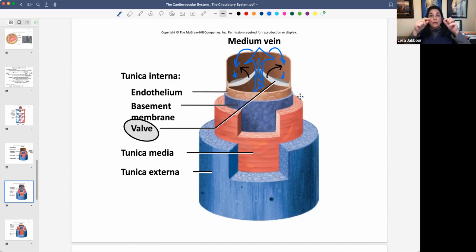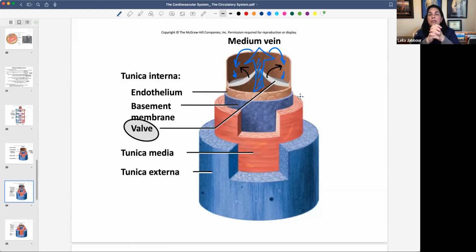So when your thoracic pressure drops, that means the abdominal pressure goes up. And when the abdominal pressure goes up, it puts pressure on these large veins going upwards to the heart.